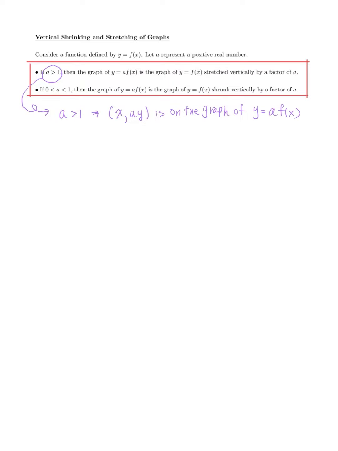All right, now let's take this case here. If a is between 0 and 1, then for sure x over a, comma, y will be on the graph of y equals a times f of x.